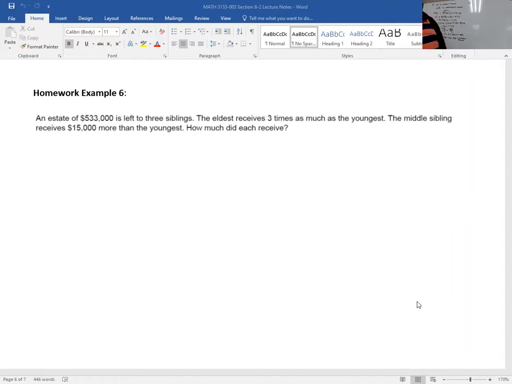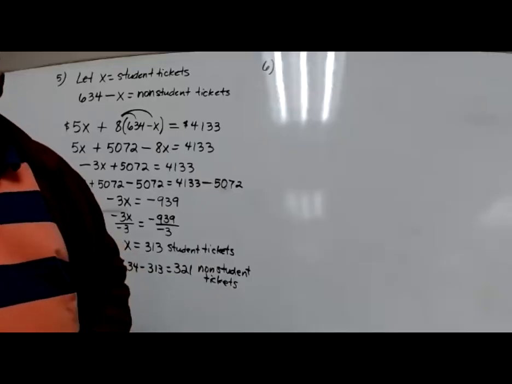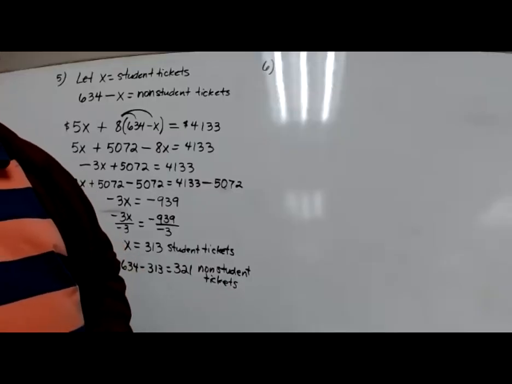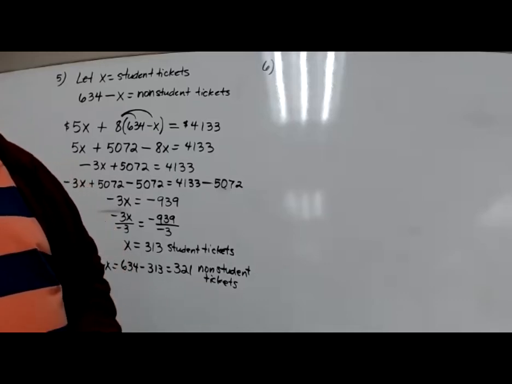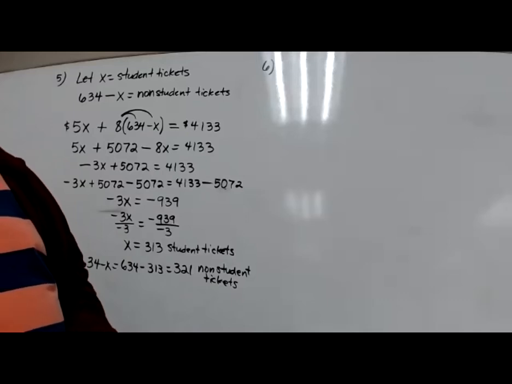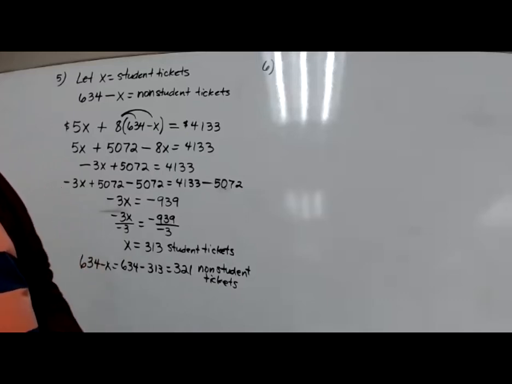Okay, so this is where our problem solving strategies are going to come in. All right, in this case here, we're going to identify what's given and what is needed to be found. We know the eldest receives 3 times as much as the youngest. The middle receives $15,000 more than the youngest.